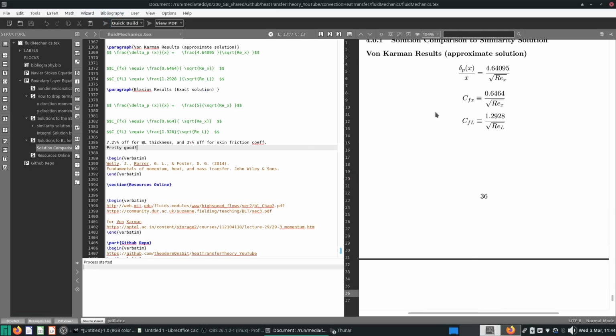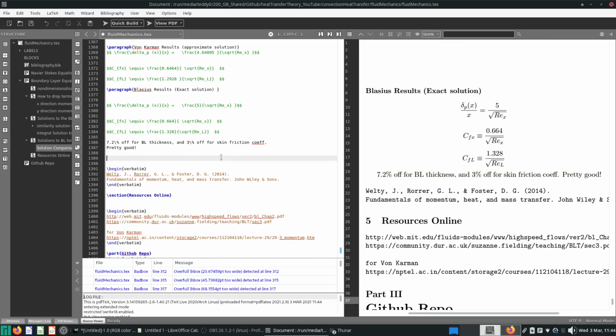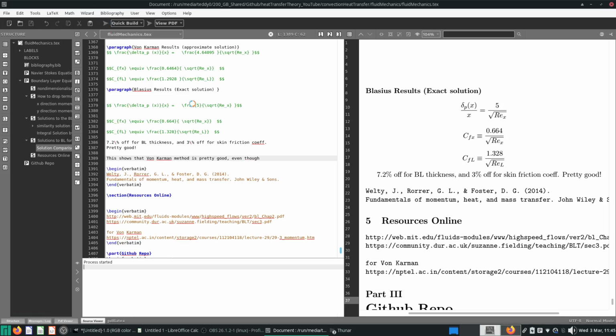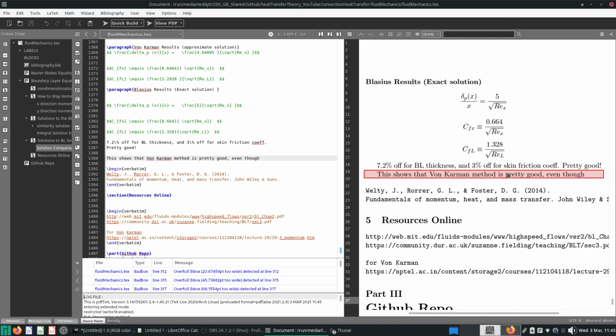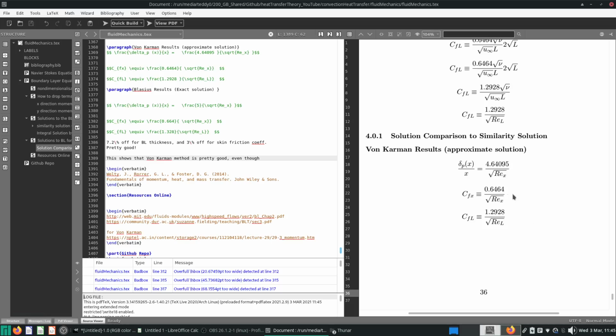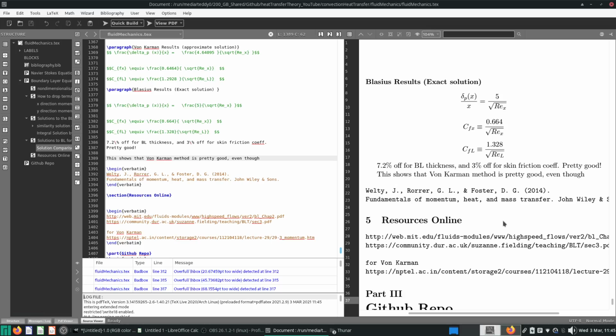So the thing is this actually shows that the von Karman method is pretty good. I mean, the von Karman method is simpler. You don't think about all the similarity solution, and it's not as exact as the Blasius results.